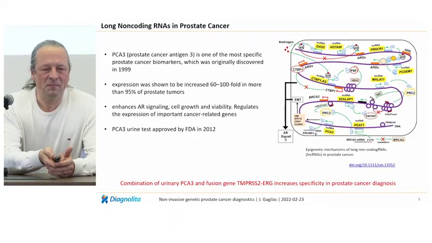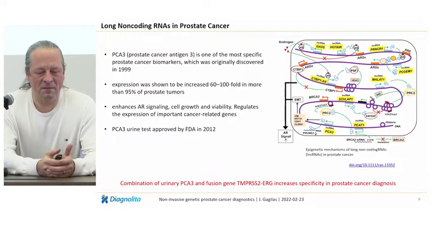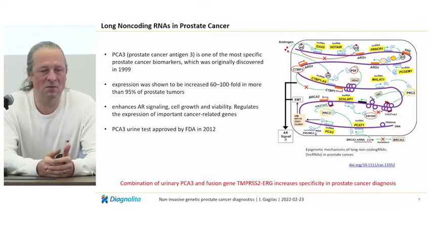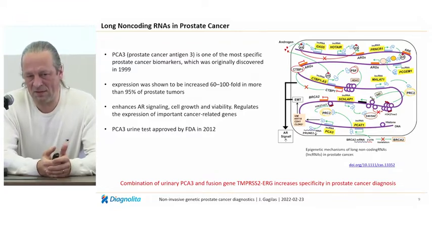So not only genetic biomarkers are available for cancer, also so-called epigenetic biomarkers are available, so-called long non-coding RNAs, which are not coding for protein. These are available in case of prostate cancer.